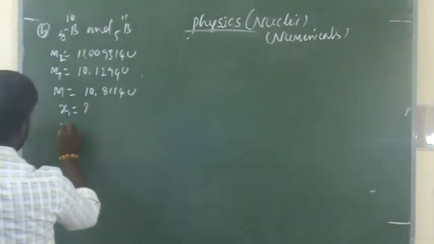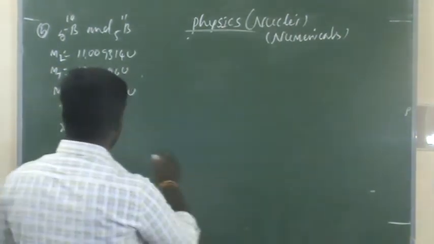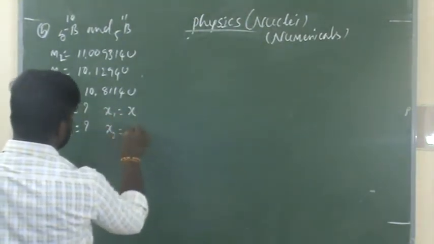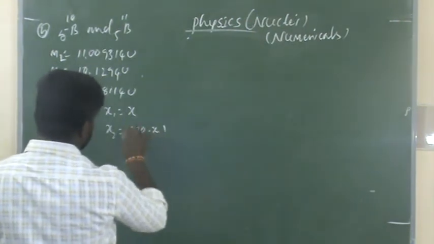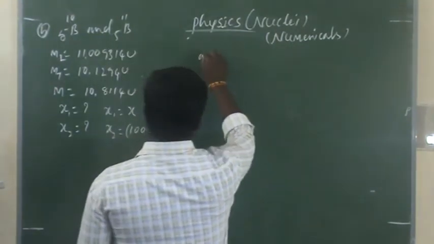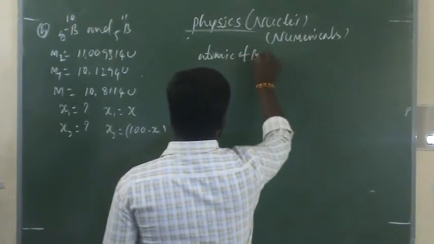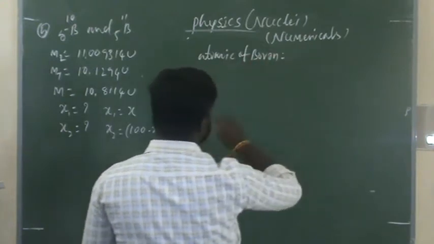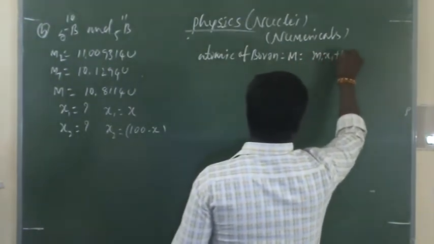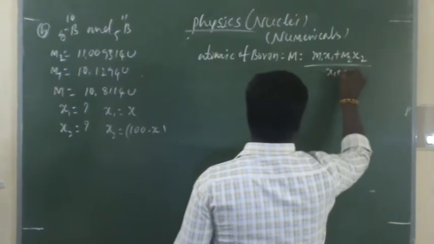x1 is a question mark, and x2 is also a question mark. So we consider x1 equals x and x2 equals 100 minus x. Clear? We know the formula for the atomic mass of boron: capital M equals small m1 x1 plus small m2 x2 divided by x1 plus x2.